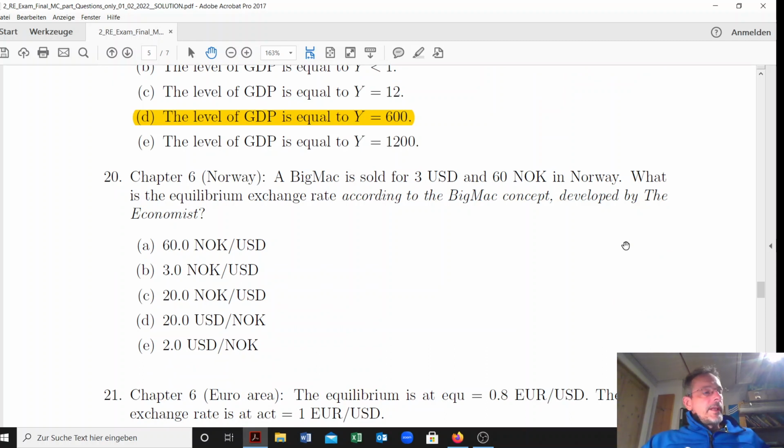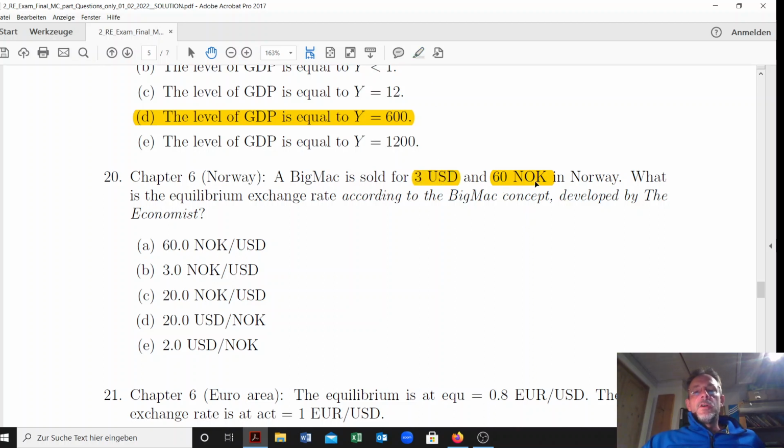Question number 20. We did not cover this part in this semester, so it will not pop up in your exam. But in this question, we have some information about the price of a Big Mac in Norwegian krona. It's equal to 60, and in US dollars, the price for one Big Mac is 3.